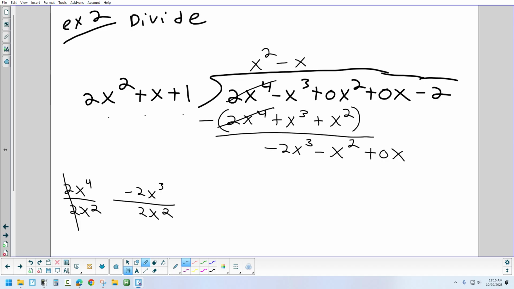Okay, multiply your negative x back out. So that's negative 2x cubed. What's negative x times positive x? Because we're multiplying, exponents are going to change when we multiply variables.